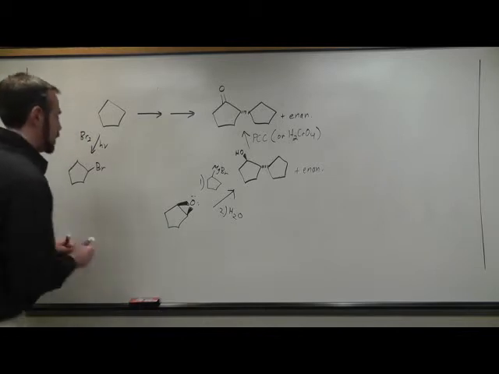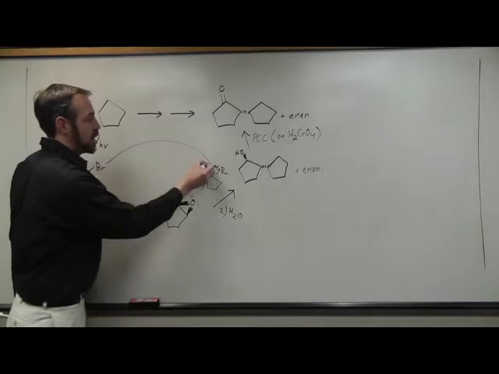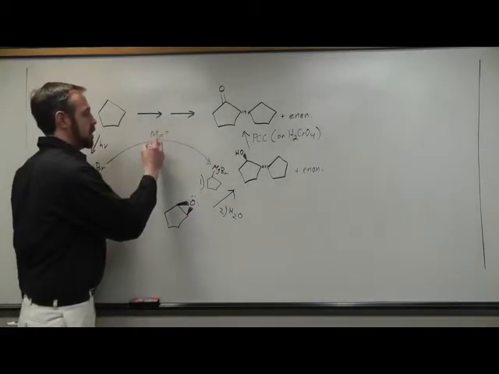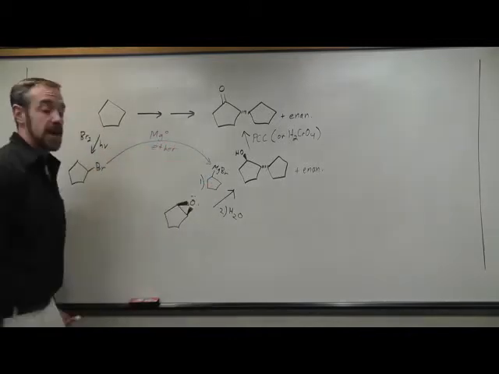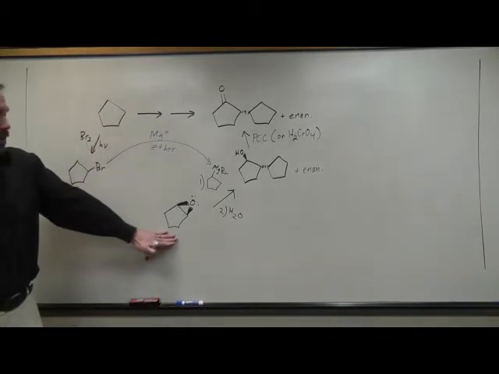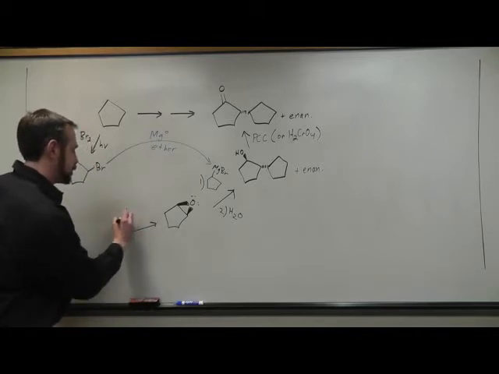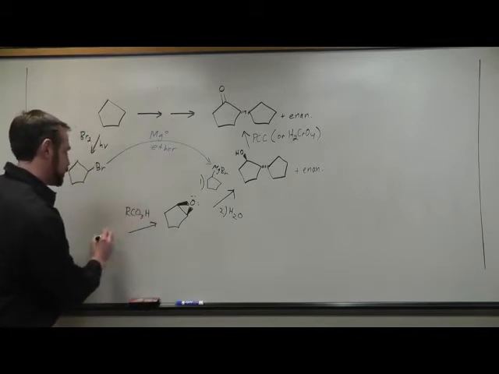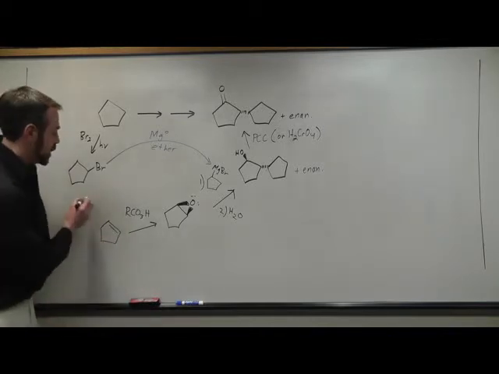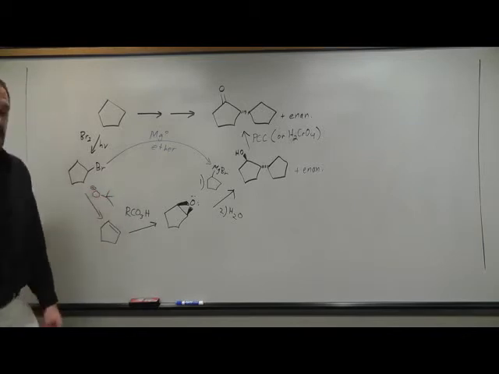If we just react bromocyclopentane with magnesium in ether, we can make that Grignard reagent, no problem. Epoxides, we know, come in one step from the alkene. And the alkene can be made from the alkyl halide using elimination or E2 chemistry.